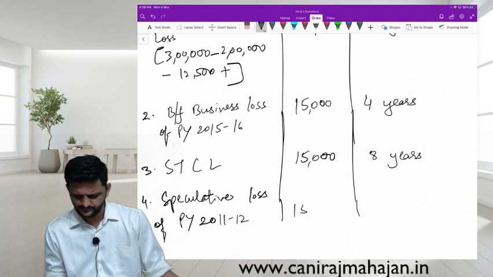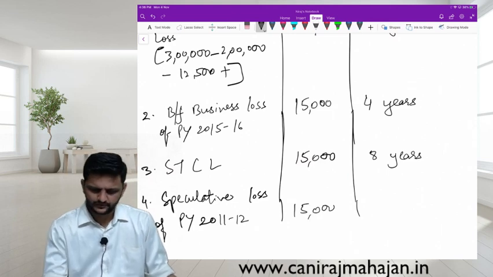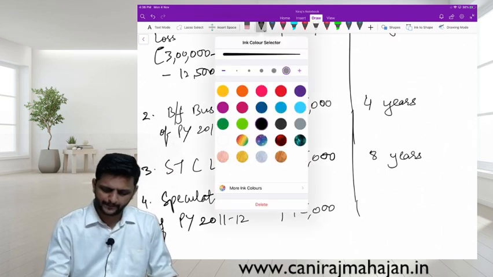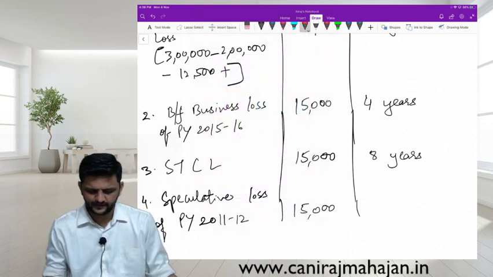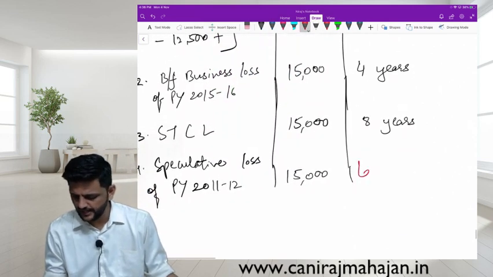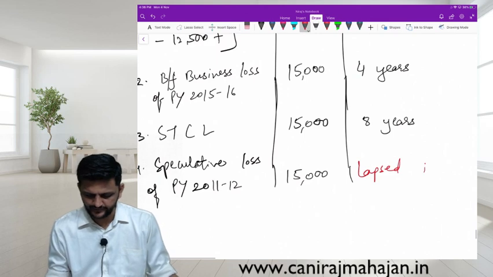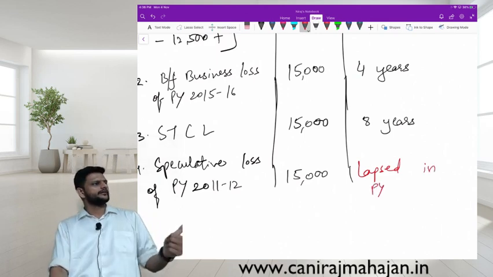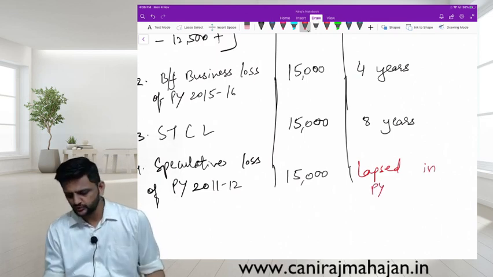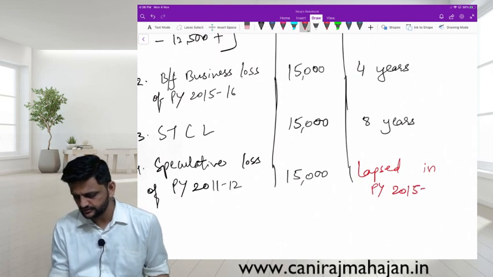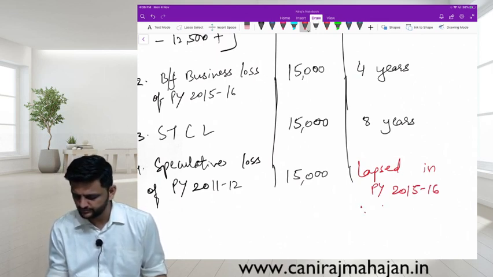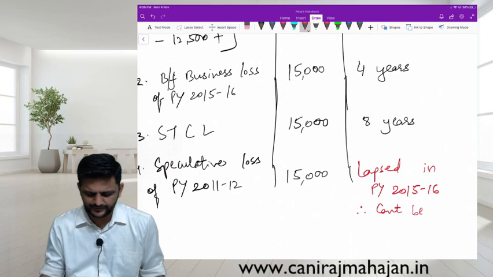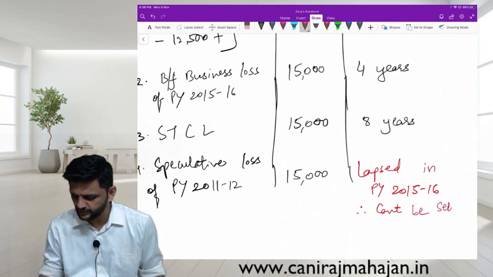Is it right? 4 years, correct. Lapsed, PY 11, 12, 13, 14, 15, 16. 2015, 16. Therefore, can't be set off. Can't be carried forward, so it's there, but not set off and carried forward.